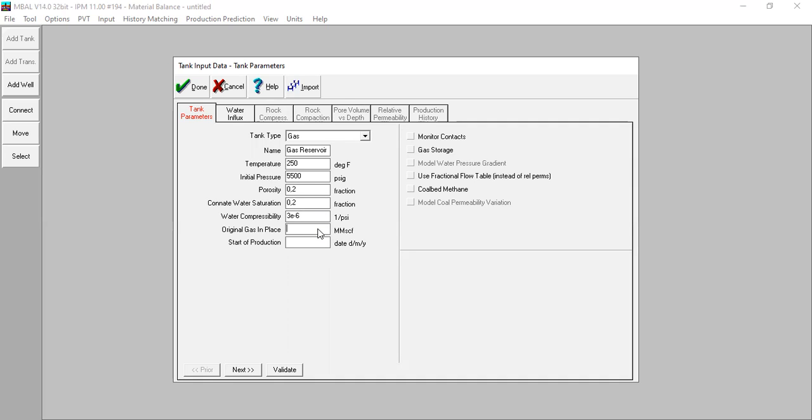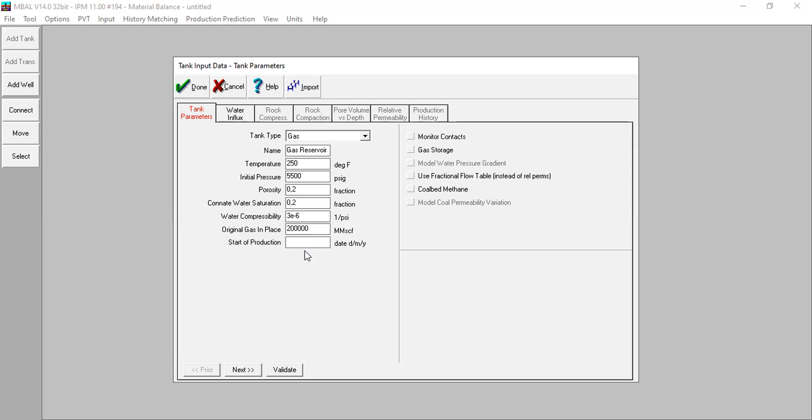Original gas in place. Let's say I know, and it is huge, 200,000 MMSCF. So it's TCF in numbers, trillion standard cubic feet.